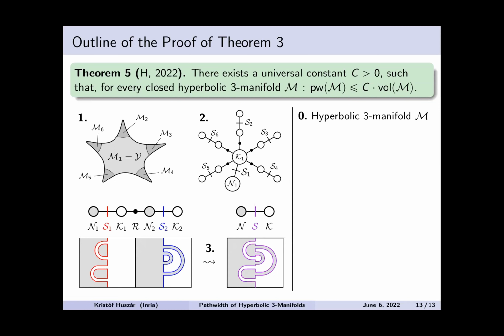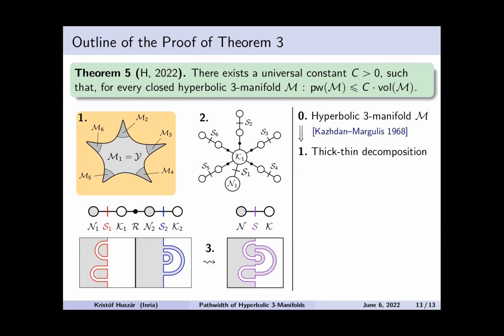So initially we start with a hyperbolic 3-manifold M with a given volume. I would like to find the triangulation for this 3-manifold M so that the path width of the dual graph of this triangulation is upper bounded by a constant times the volume of M. And in the very first step, we consider a thick-thin decomposition.